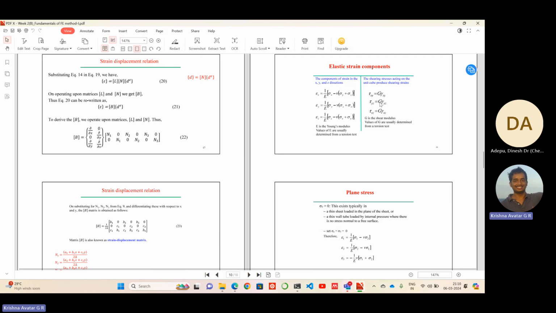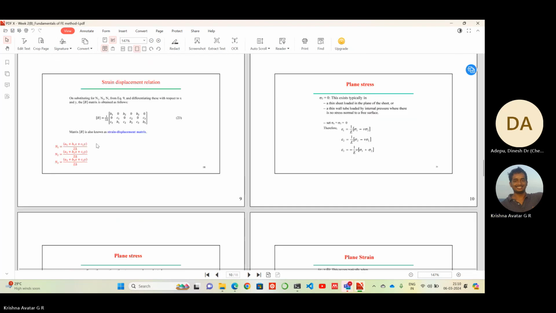So there is an agreement that shear stress won't affect normal strains, and normal stress won't affect the shear strains. Once we do all that, then we have plane stress problems.